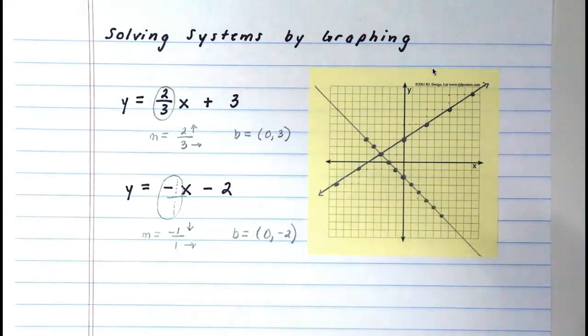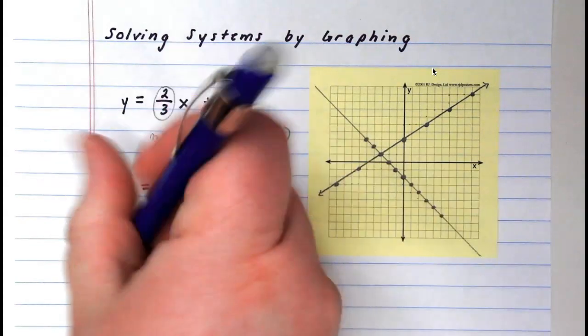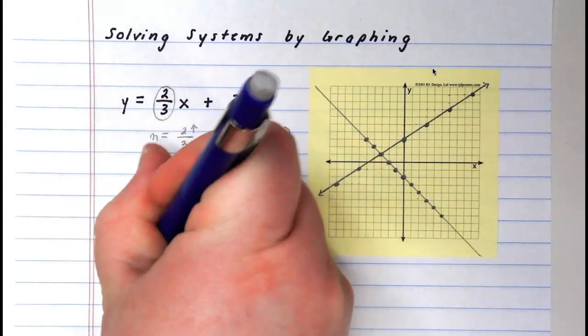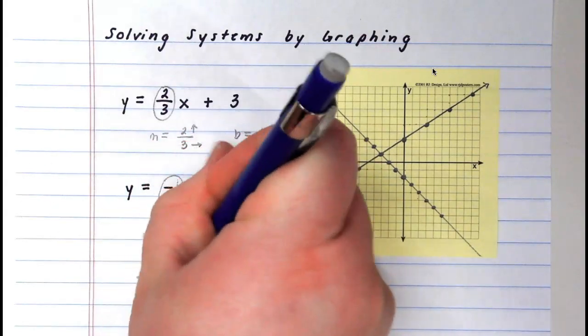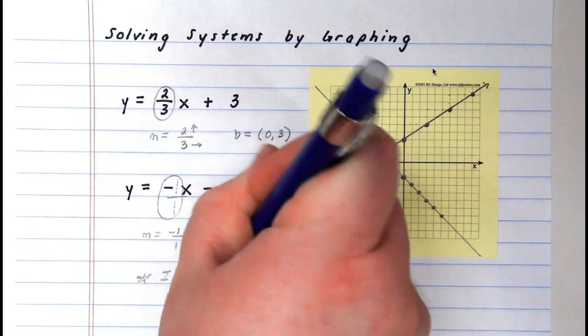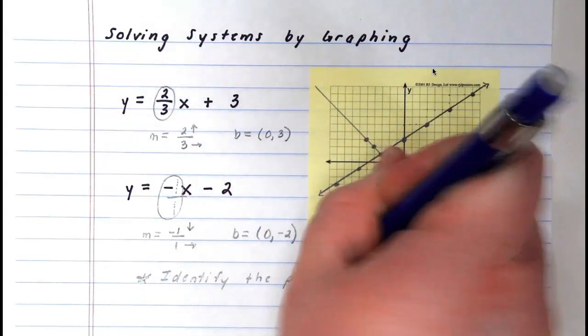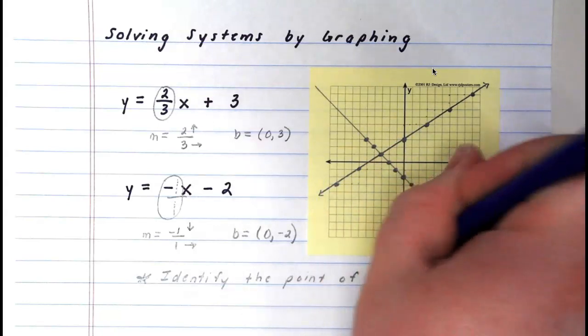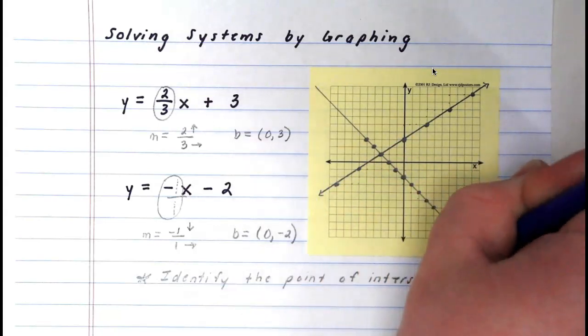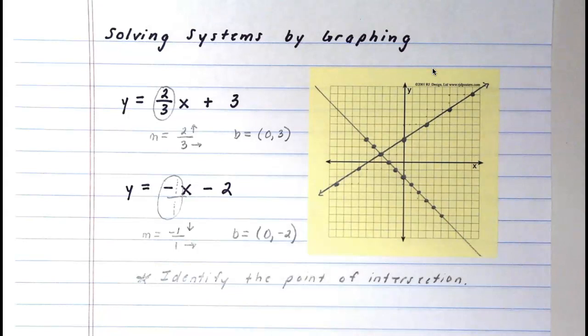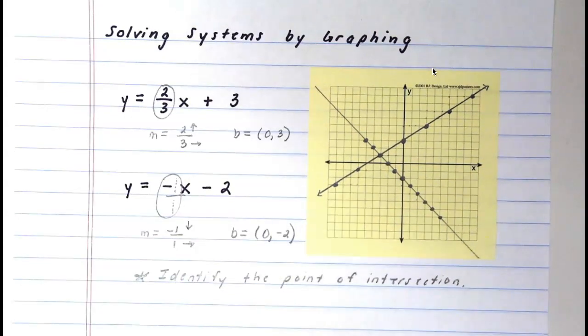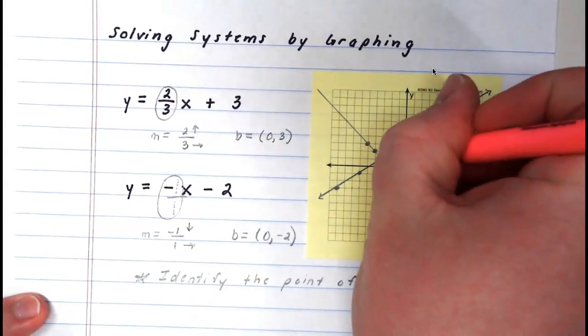All right. Now, in order to solve a system by graphing, you identify the point of intersection. For us, these two lines crisscross right here.